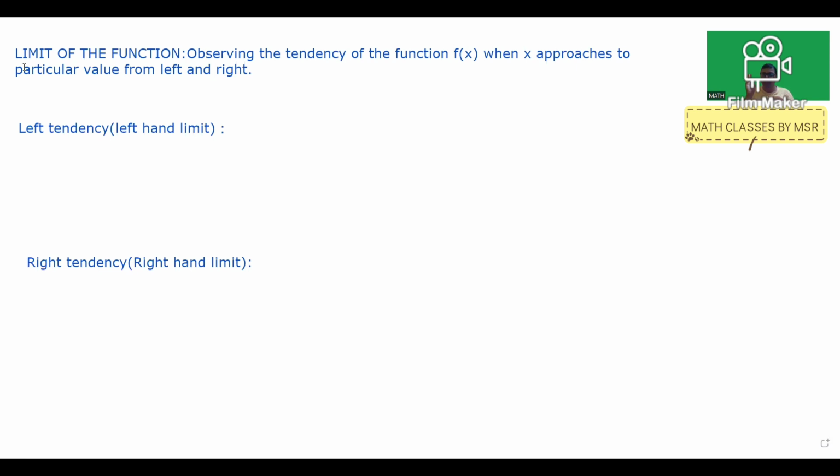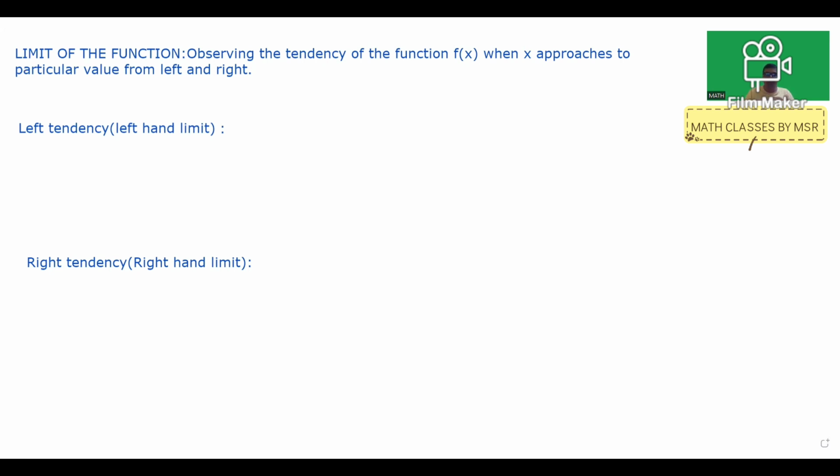That value we call the left hand limit or left tendency. As well as right tendency or right hand limit: the function f of x tends to some certain value from the right. That value we call the right tendency or right hand limit. Very, very important this is.